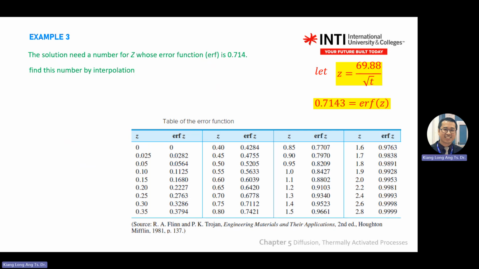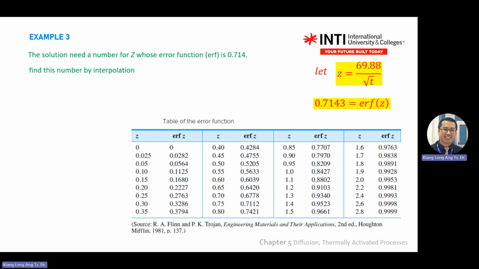So what is your Z value? You should be able to find your Z value, right? Z equal to x over 2 square root of Dt. What's your Z value?